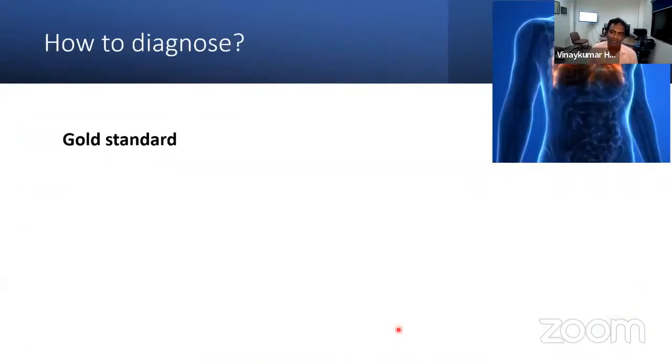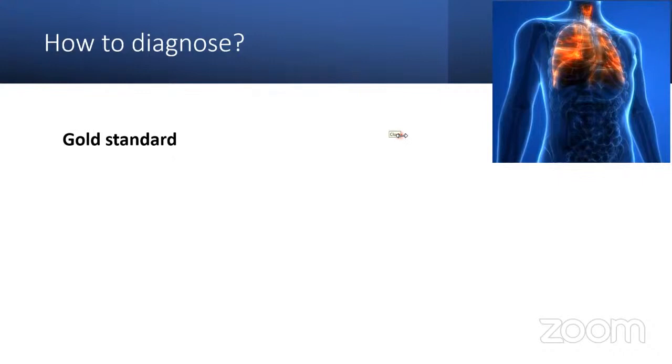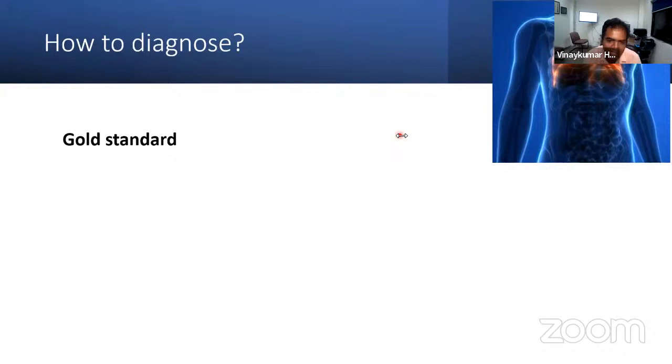So how do you diagnose pneumocystis? Any guesses? What is the gold standard for diagnosis of pneumocystis pneumonia? BAL, GMS staining, they are putting in the chat box. Or IFA. Yeah.